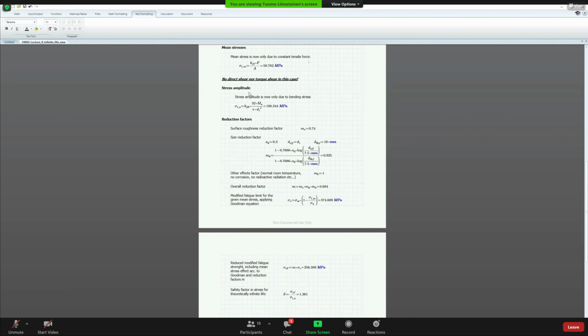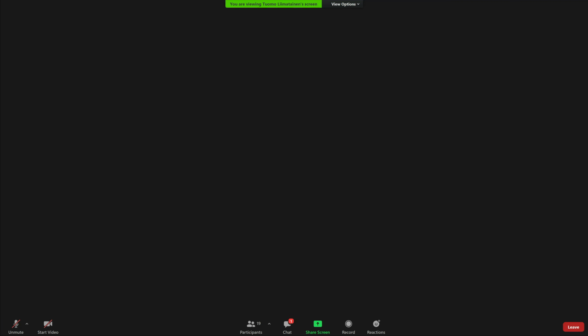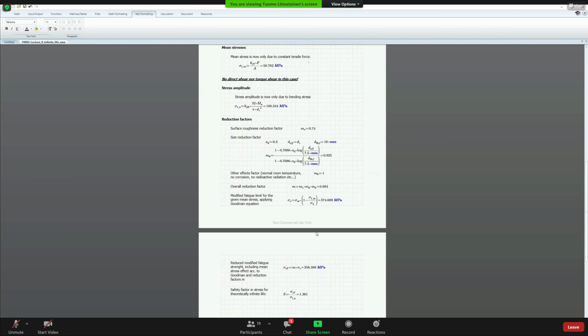But that's not that much more difficult. You just apply the von Mises equation and you put the correct stress components in the equation, and you will get the von Mises mean stress and the von Mises stress amplitude, and apply those in these final equations. And also in this modified fatigue limit.